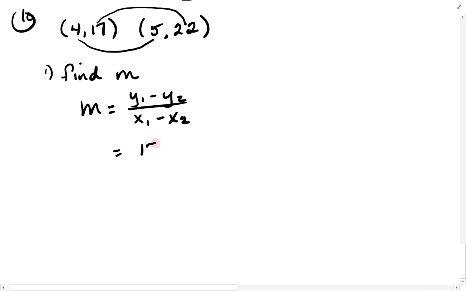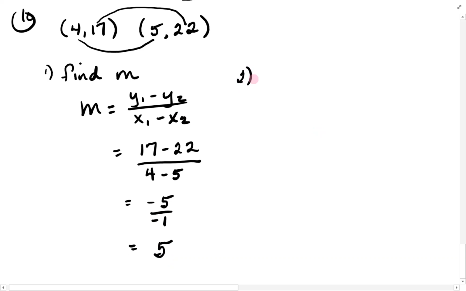So I've got 17 minus 22 over 4 minus 5. So the way I did it, I've got negative 5 over negative 1, which is 5. If you have these reversed, because that's what you're used to doing, you will get positive 5 over positive 1. You'll still get 5.